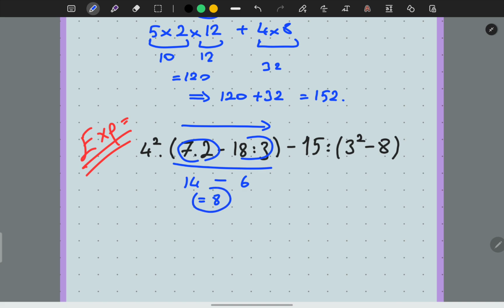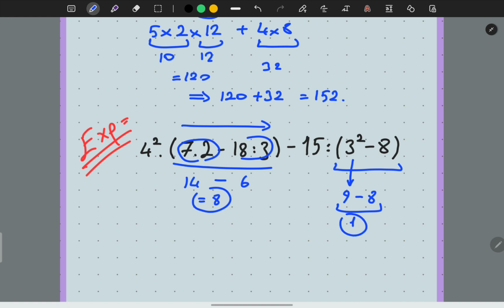And let's go to the second parenthesis. Okay, we have an exponential here, like 3 squared, and we are writing instead 9 as its natural number expression. And rewrite the equation again, 9 minus 8, which makes 1 for this parenthesis.